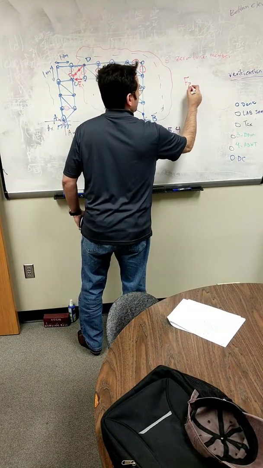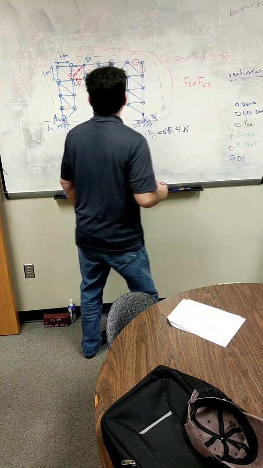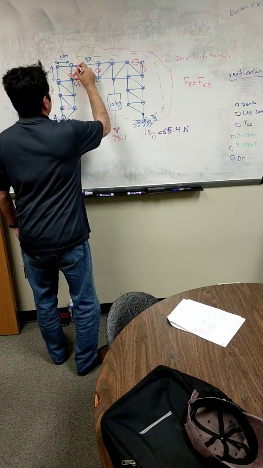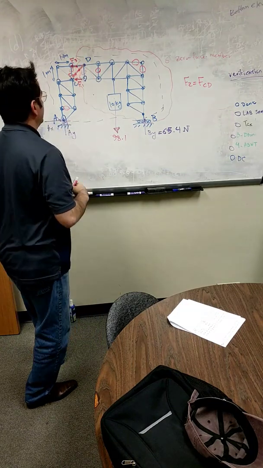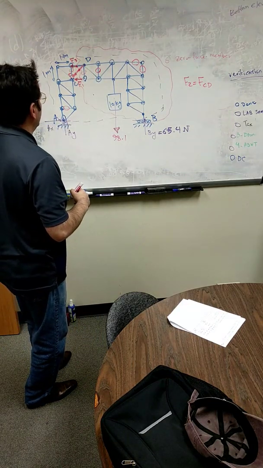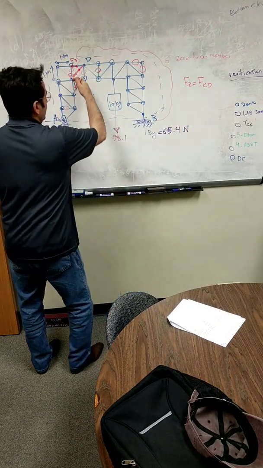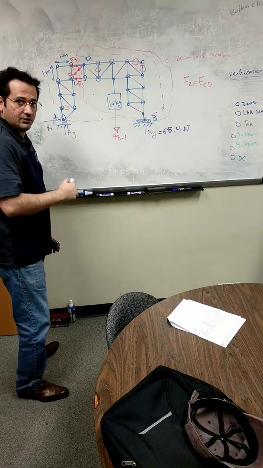F2 is equal to FCD. And then you have a force here, let's call it F3. F1, F2, F3, and we want to find F2, right? So this is my FBD for this system. So what should I do next step? Write the equation.